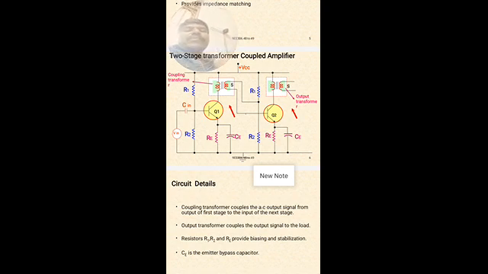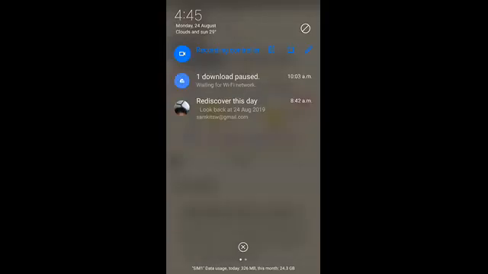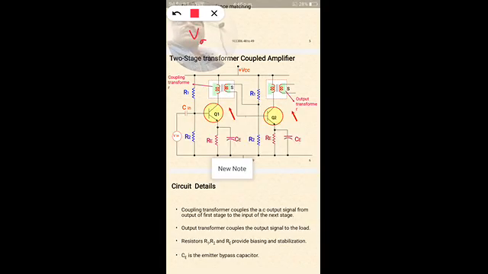RE, the voltage produced across RE, we call it VE. The voltage which appears at RE, we call it VE. It acts as a negative feedback voltage.